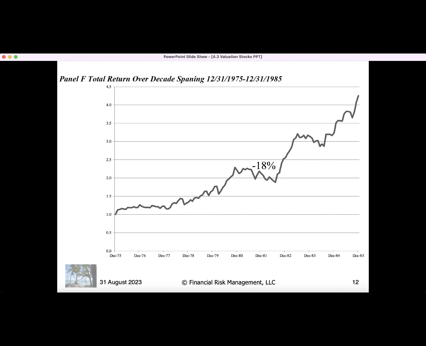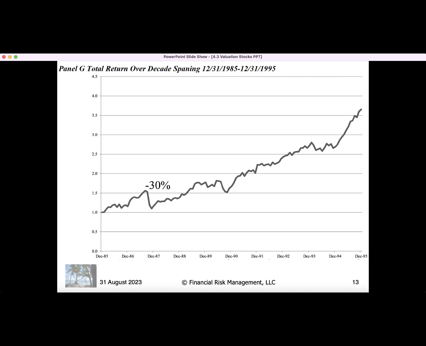75 to 85, we had a couple of different declines, a down 18% in 1981, and then again in 1983-84. But over this decade, we're up from $1 to over $4, and so it turned out to be a phenomenally good decade.